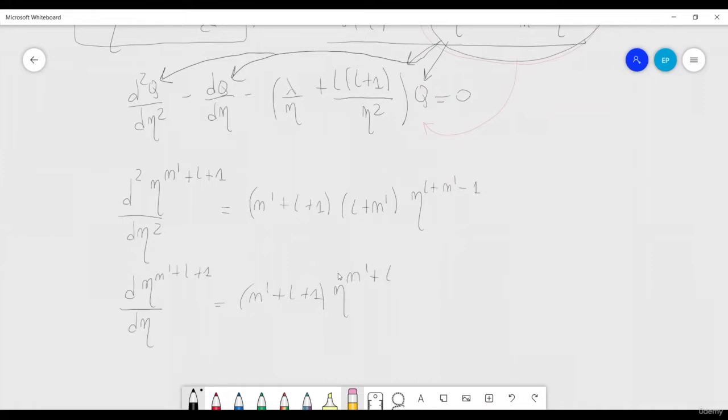And now you have to remember that eta is a very, very large quantity, okay? So this term here will be negligible with respect to this one, because this term is much greater, because this term here can also be written as eta to the power L plus n prime divided by eta, right?